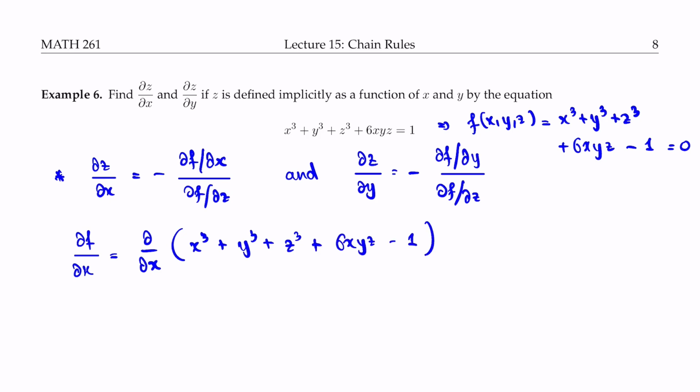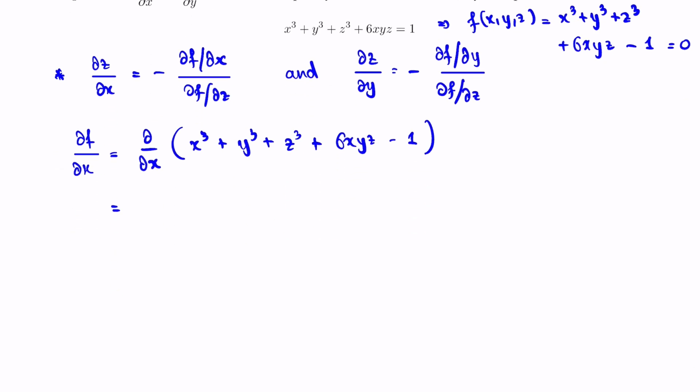And here, when you take partial derivative of the function with respect to x, you're going to treat y and z as constant. Okay, and here you're going to get 3x squared plus 0 plus 0 plus 6yz plus 0, because the derivative of negative 1 is 0. And you get this to be 3x squared plus 6yz.